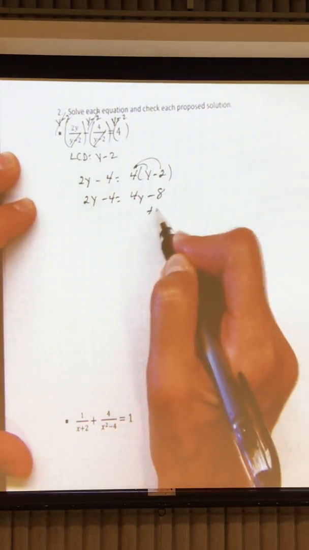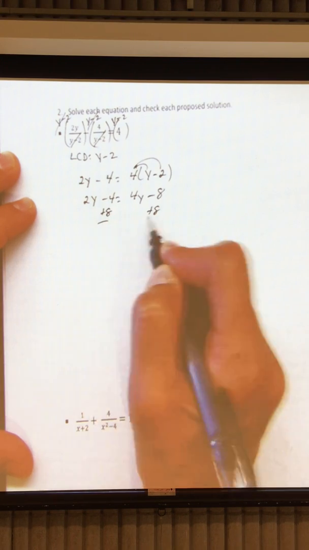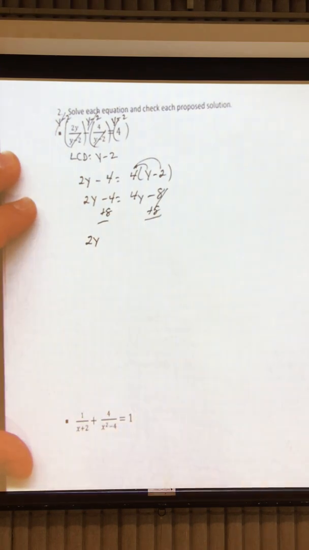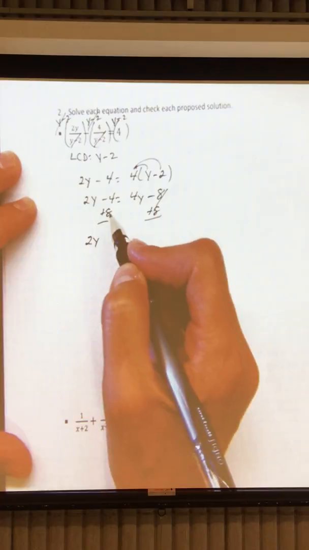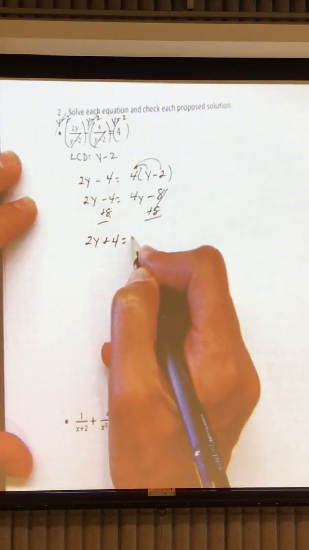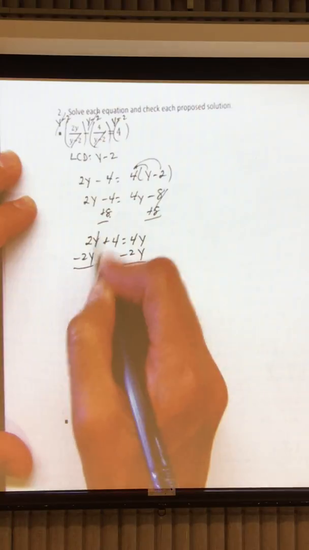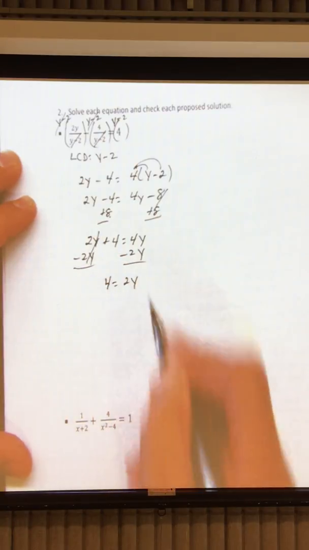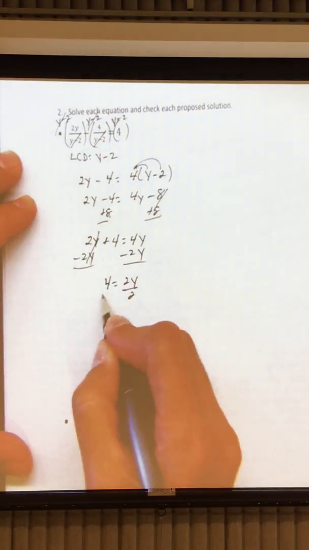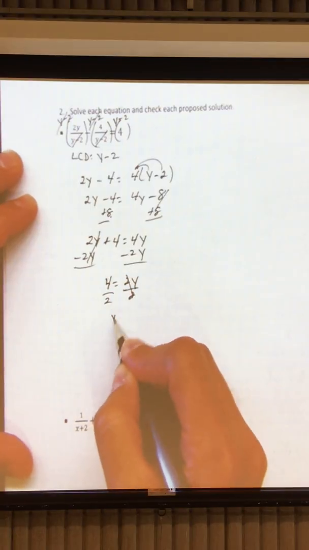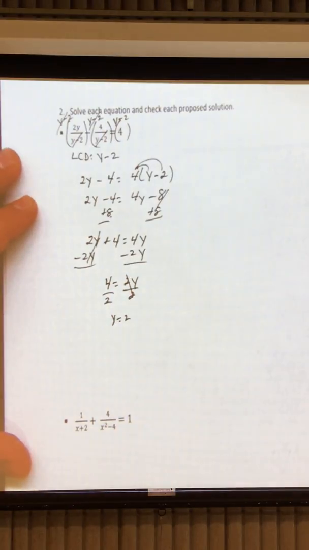Combining like terms, we add 8 to both sides, leaving us with 2y, negative 4 plus 8 is 4, equals 4y. Subtracting 2y from both sides, 4 is equal to 2y. Divide by 2, y is equal to 2.